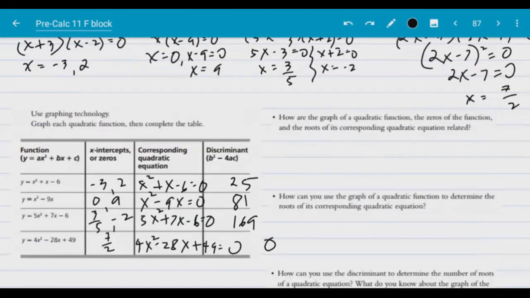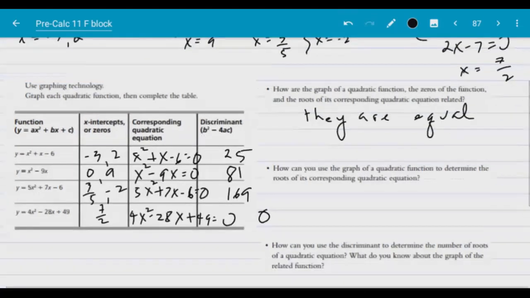The zeros of the quadratic function would be the same as the x-intercepts of the graph and the roots of the quadratic equation. They are equal. So when I tell you, give me the zeros of the function, all I'm asking for is the x-intercepts or the roots of the corresponding quadratic equation, all right?